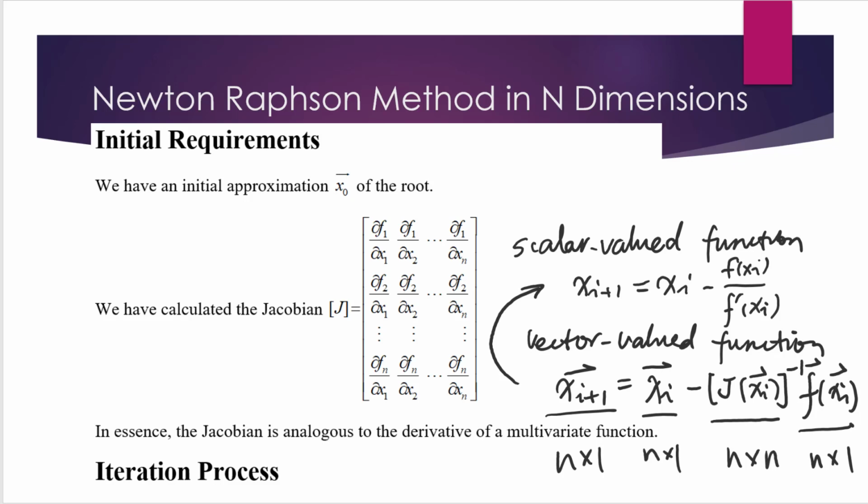It's very similar to the formula for the Newton-Raphson method for a scalar valued function. We just need to change the derivative into a Jacobian matrix, and the approximation of the root changes from a single variable to a vector which has n variables.